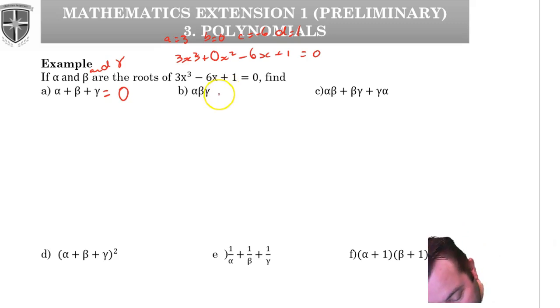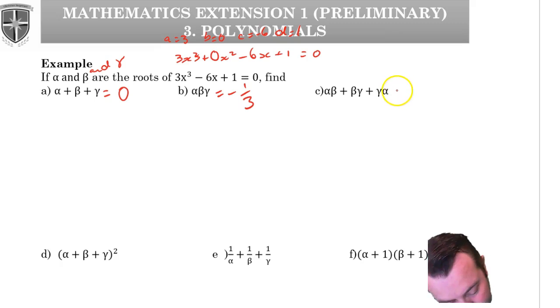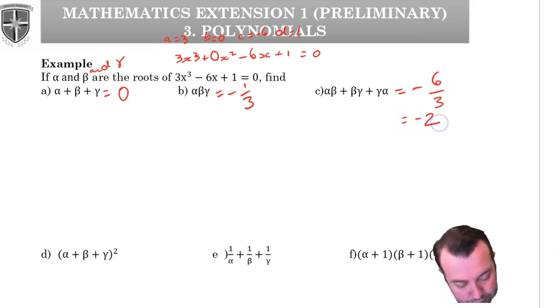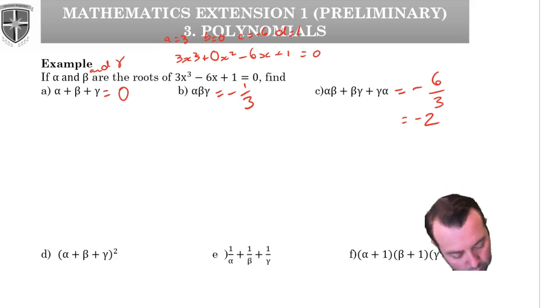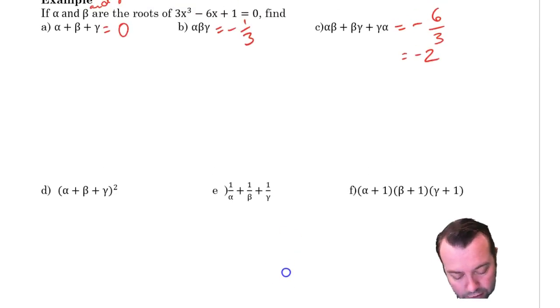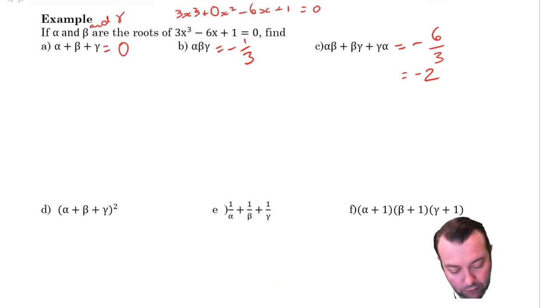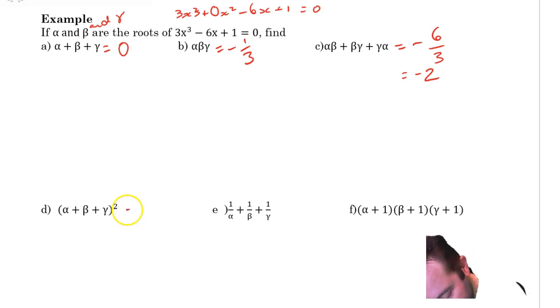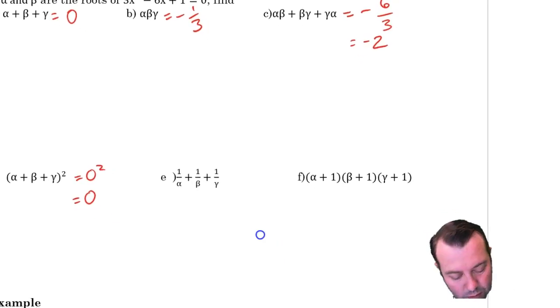The product of the roots is equal to negative d over a. That's negative 1 over 3. And the sum of the pairs is equal to c over a, that's negative 6 over 3, which equals negative 2. Now, just as we've had before, some complications here. The square of the sum, well, that's fine. I know what the sum is, so the square of that is 0 squared equals 0, no complications. What about this?